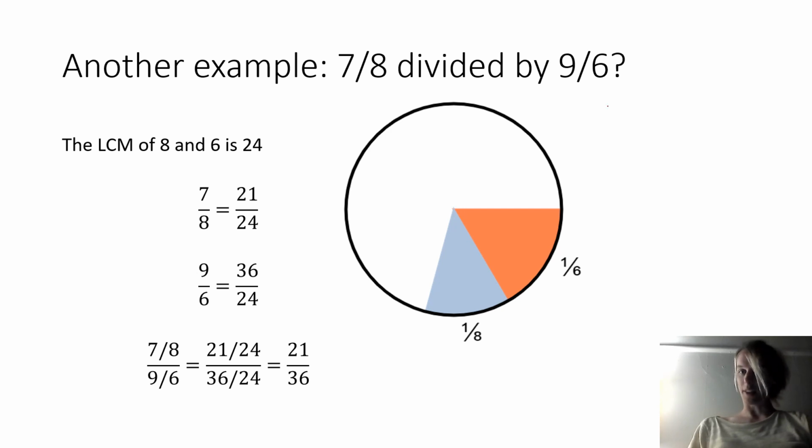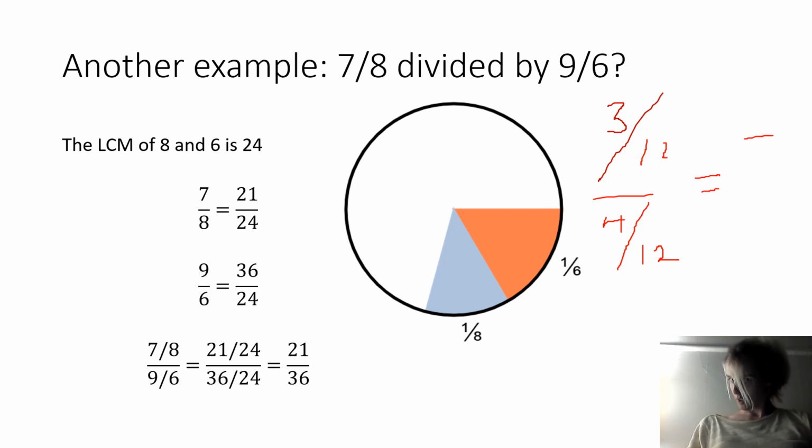We can think of this in terms of clearing the denominator also. Let me just draw this over here. 3/12. You can see this visually. 3/12 divided by 4/12 is equal to 3/4.